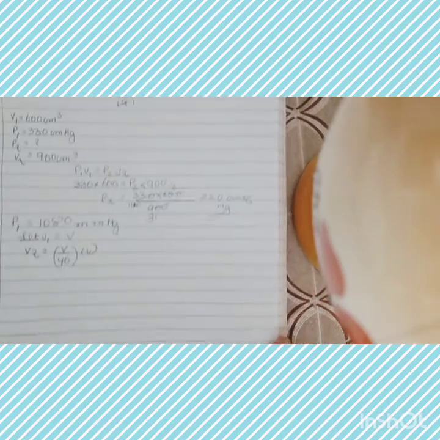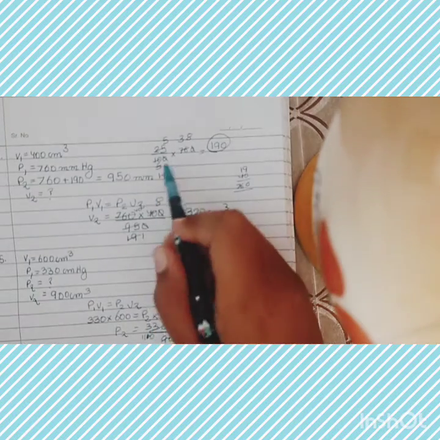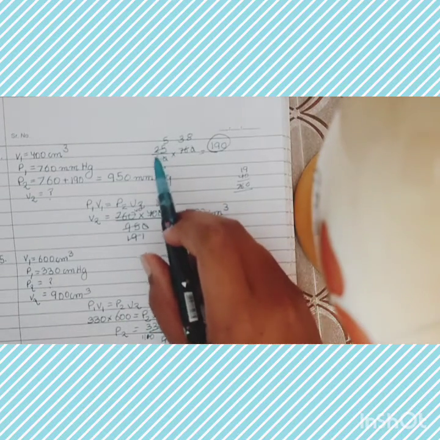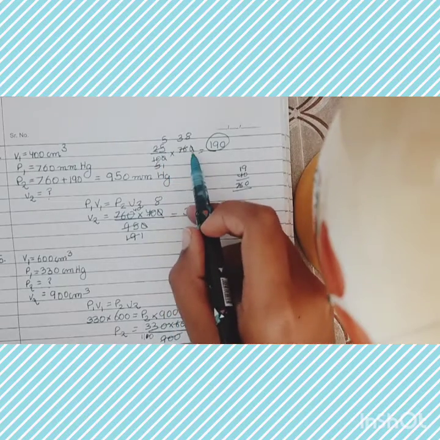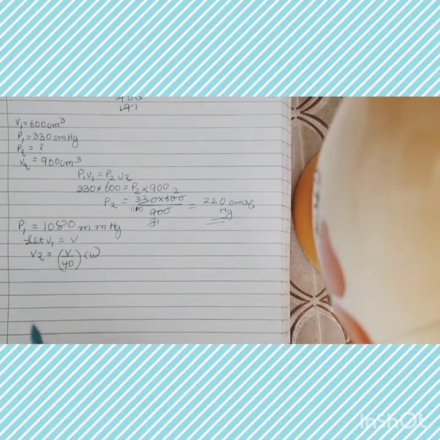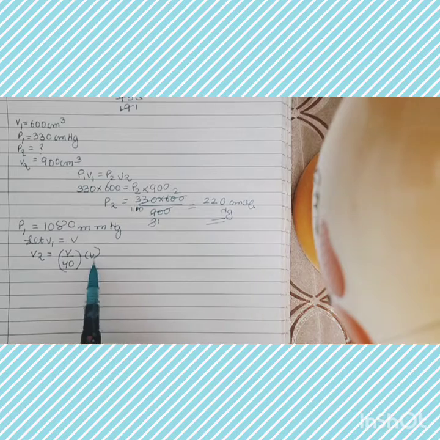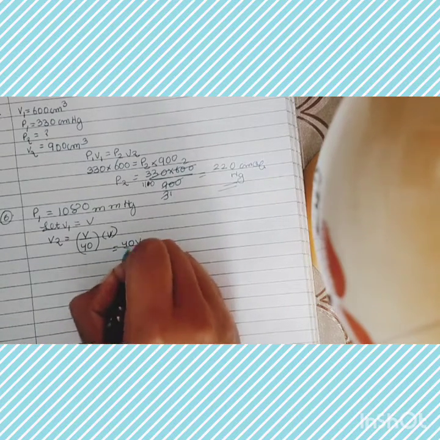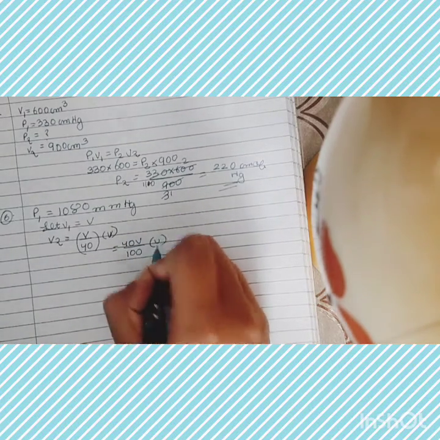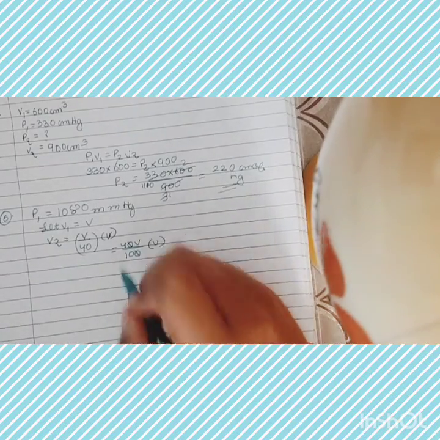We did the same in the fourth question, where 25% was increased, so 25 upon 100 into P1. Here we don't know the V, so that's why we have let V1. Here you will write 40 V upon 100 V. Here 0 and 0 cancel.